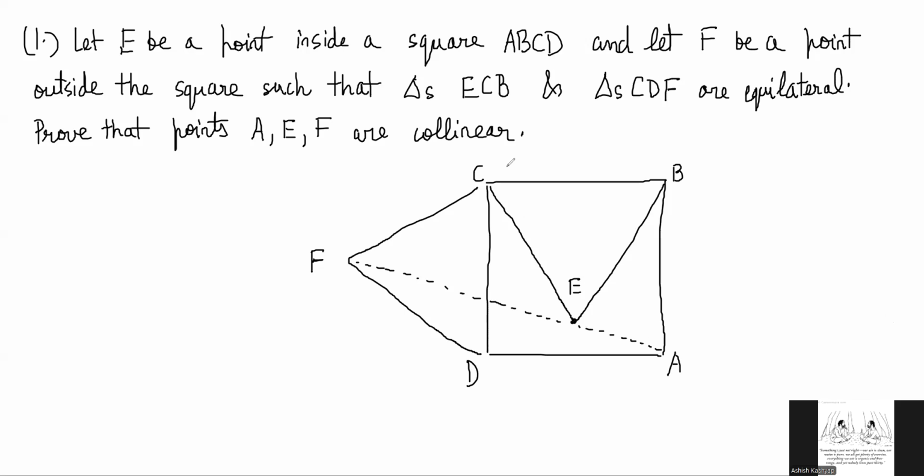This should be your rough diagram, something like this. You have to prove that A, E, F are on the same straight line.